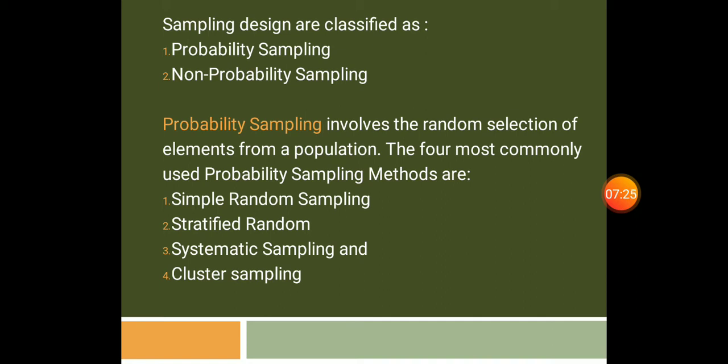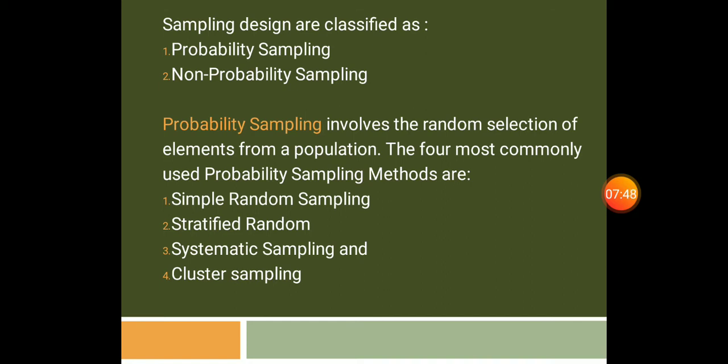For that generalization to happen in a scientific manner, it is always advisable to select probability sampling rather than non-probability sampling, because there is a scientific procedure in selecting a sample from the population in probability sampling.